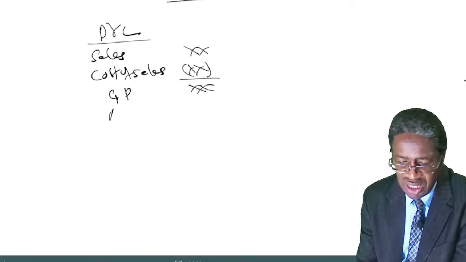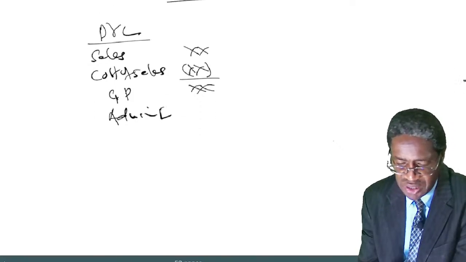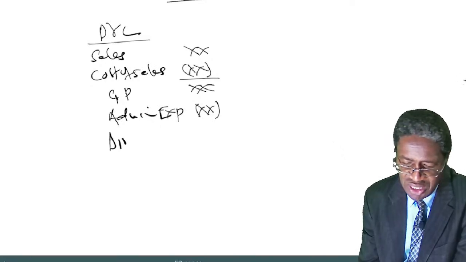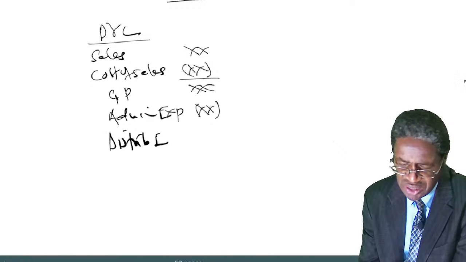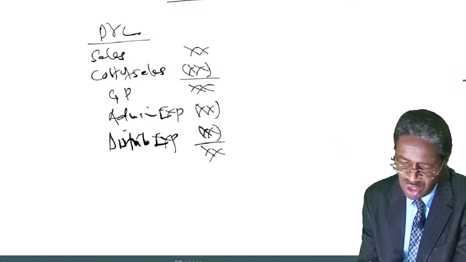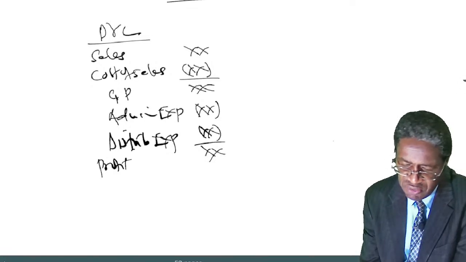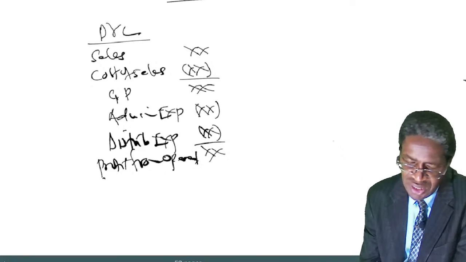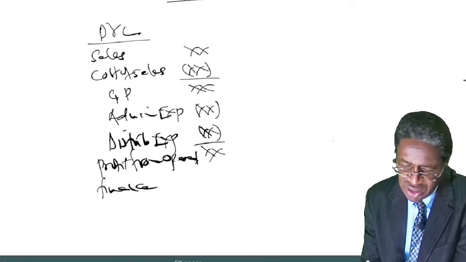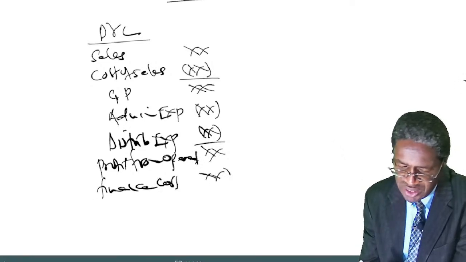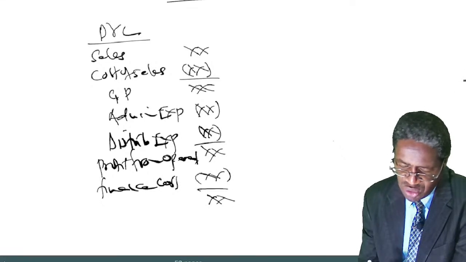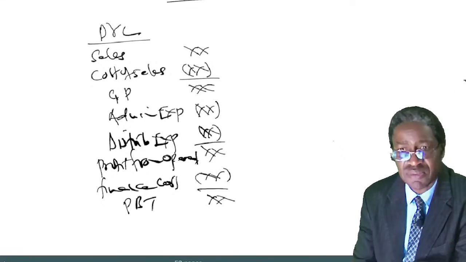You will see admin expenses, distribution expenses, then what we normally call profit from operations, then your finance cost, then profit before tax.